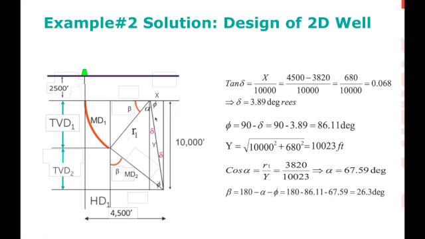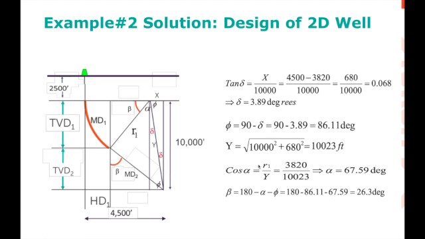So we have a value for one side of this triangle, which is R1. We have a value also for its hypotenuse. We just solved it, 10,023 feet. So to find this angle here, we have a hypotenuse and an adjacent side. So we'll be using cosine. Cosine is equal to adjacent over hypotenuse.